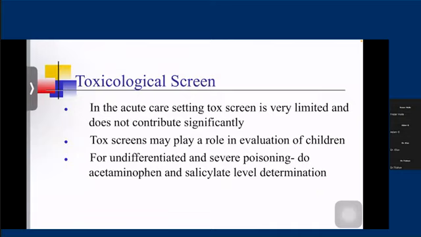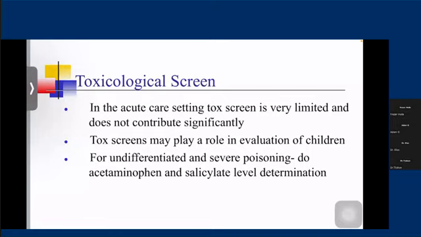So it is really very limited and does not contribute significantly, but it may play a role in the evaluation of children, and also in certain other conditions, especially a patient who presented with phenobarb poisoning, salicylate poisoning, and paracetamol acetaminophen poisoning. Sending for a toxic screen is very important.